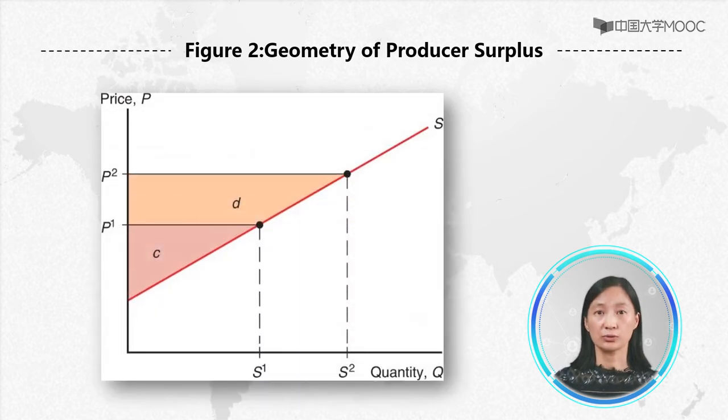In Figure 2, if the price is P1, the quantity supplied will be S1, and the producer surplus is measured by the area C. If the price rises to P2, the quantity supplied rises to S2, and the producer surplus rises to area C plus area D.